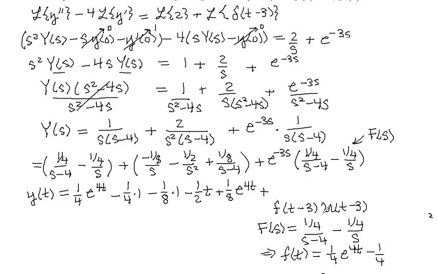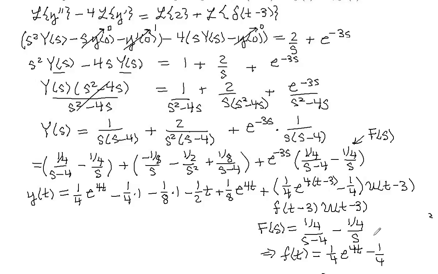So that's our f of t. We want to plug in t minus 3. So this is going to be 1/4 e to the 4 times t minus 3, minus 1/4, and that whole thing times u of t minus 3.